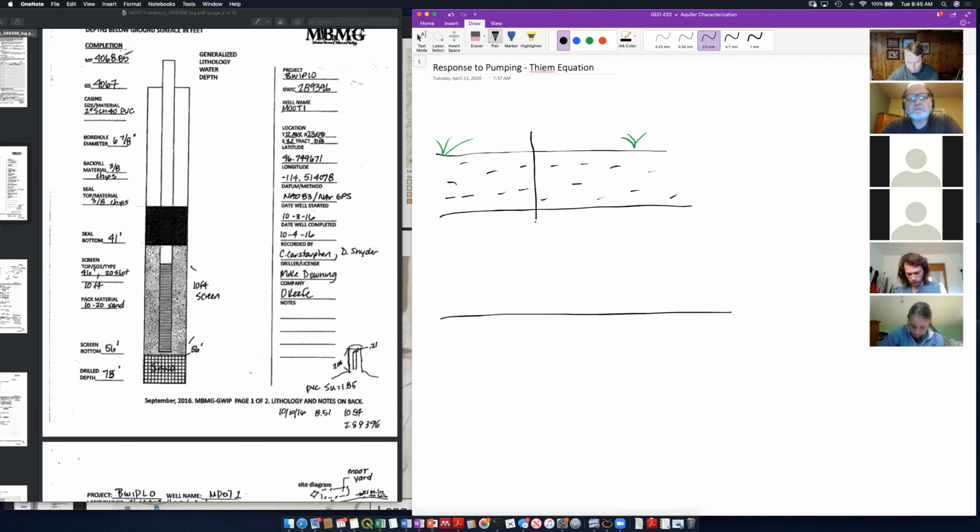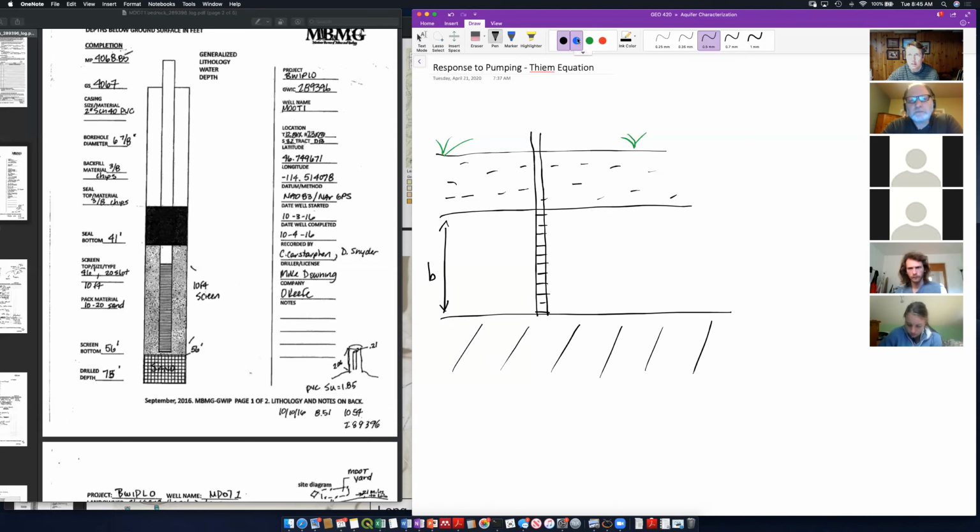So let's say we have a well. All right, we've drilled it. And let's say this is bedrock beneath here. And our well is screened. So this is the symbol for screen. My well is screened over the entire thickness of my unconfined aquifer.